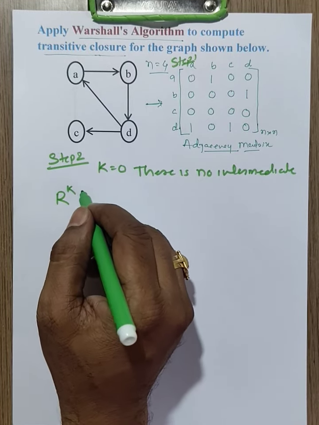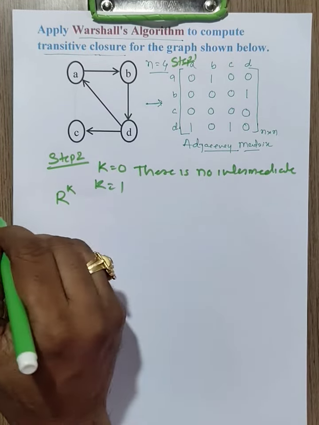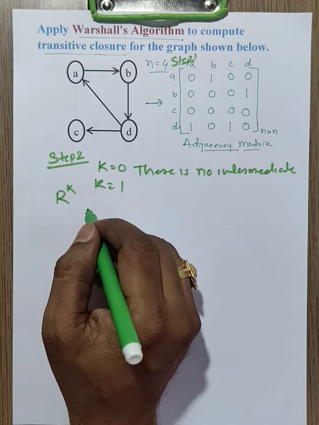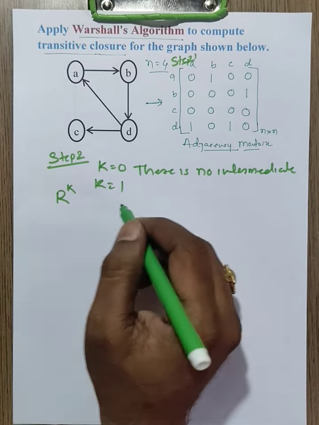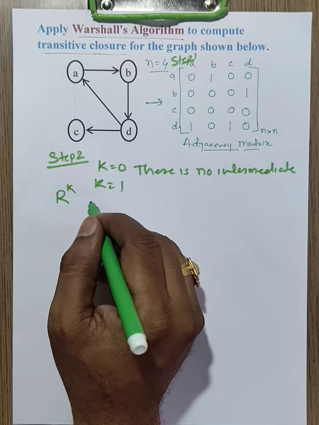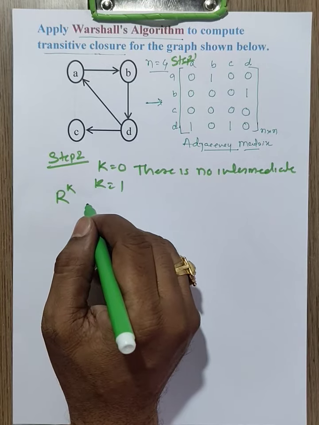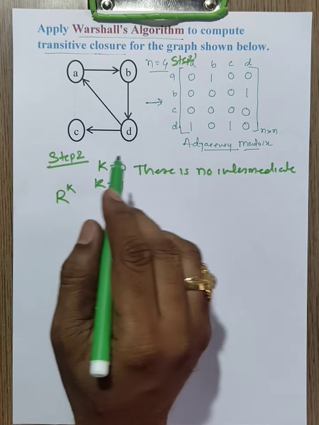Within this step 2, we can take k equal to 1. If k equals 1, then R to the power 1 means there is one vertex as an intermediate vertex.